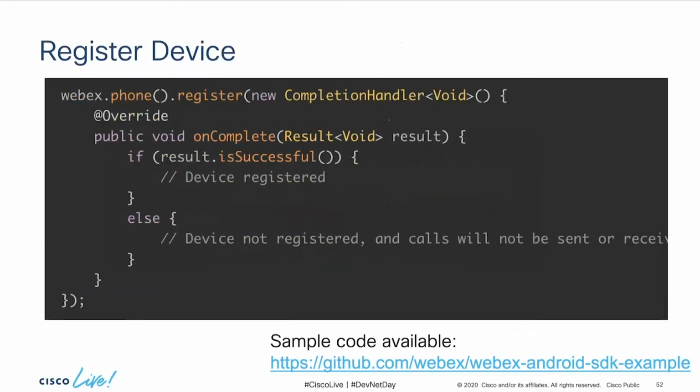Just like in the other examples, you need to register the device in order to send and receive calls. We do that by calling the phone register function. There's also a completion handler, so once it's registered, we know that the device is ready to go and make calls.